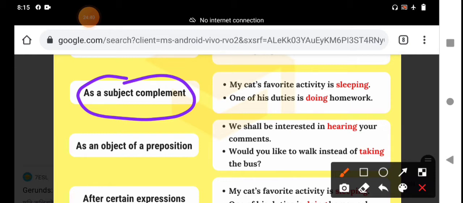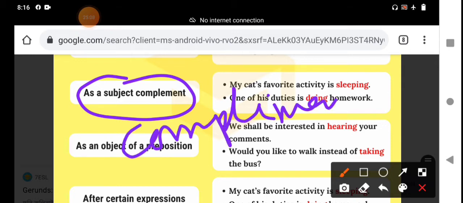Just now I told you, my passion is reading. It is the complement of the verb, after the be-form verb. There are two homonyms: complement, C-O-M-P-L-E-M-E-N-T, and compliment.